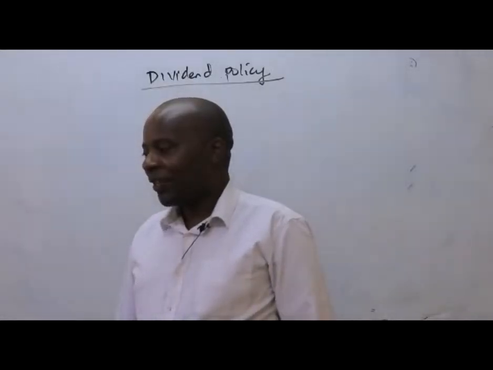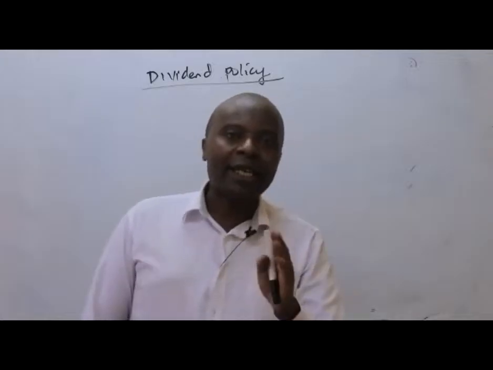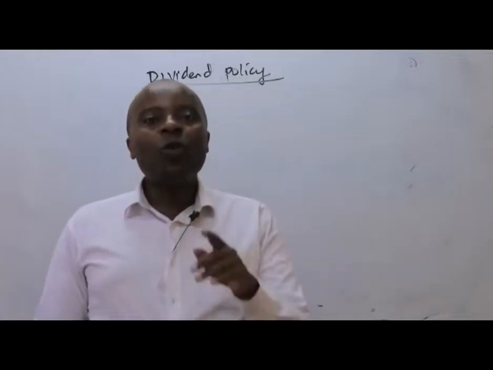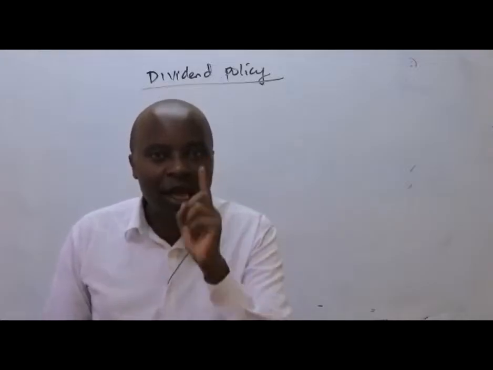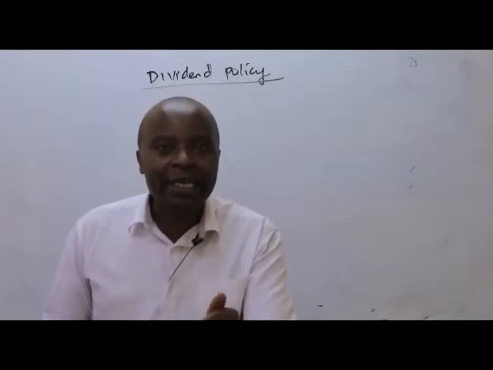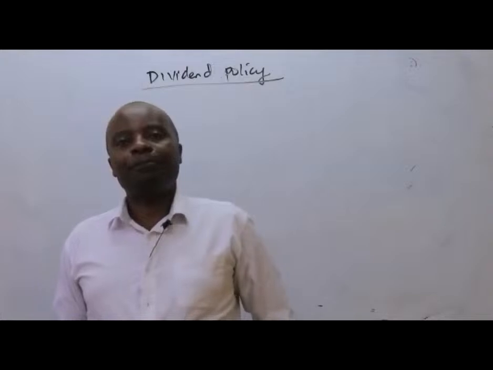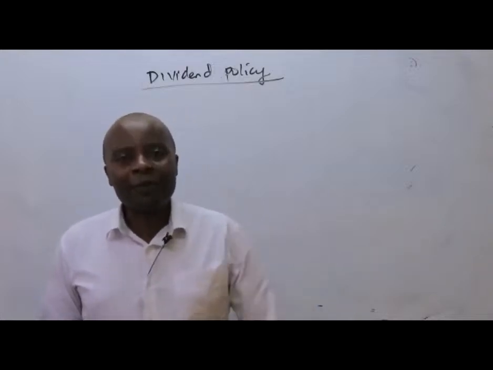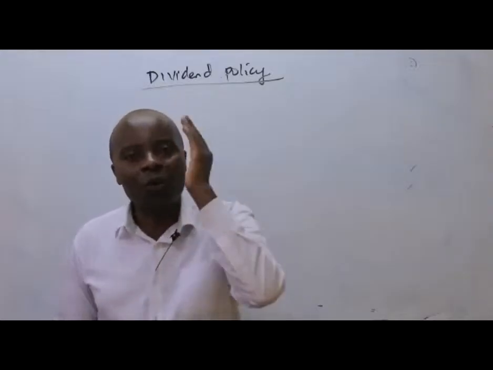50-50. Strike a balance, because if you don't do that, at the end of the day, you may not get a chance of sitting on that particular chair, for example, of a finance director in the subsequent period. Why? For example, if it's a SACCO, go and tell SACCO members today that I'm not paying you any dividend.